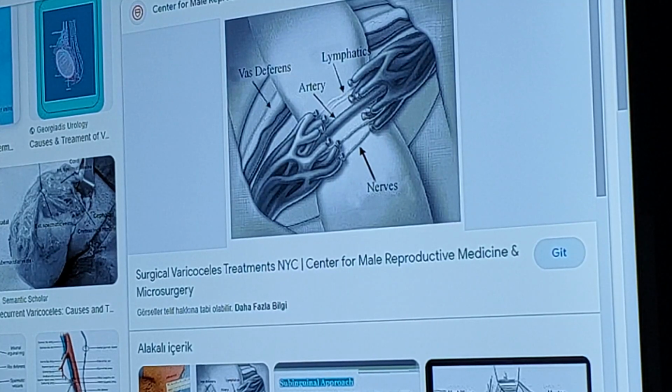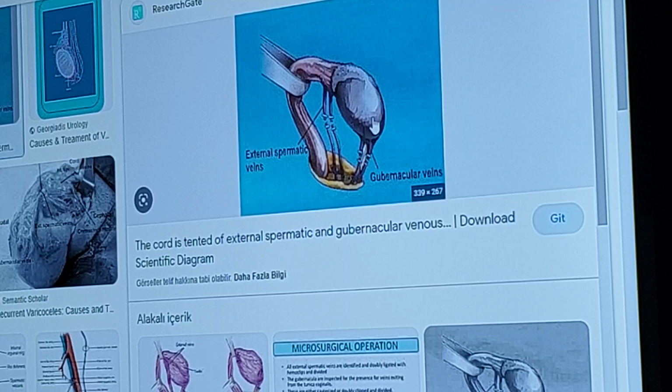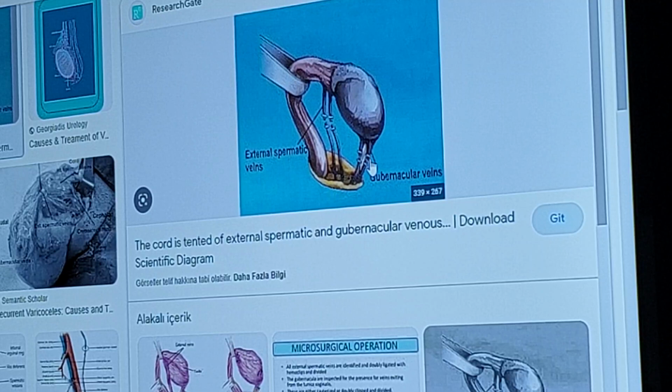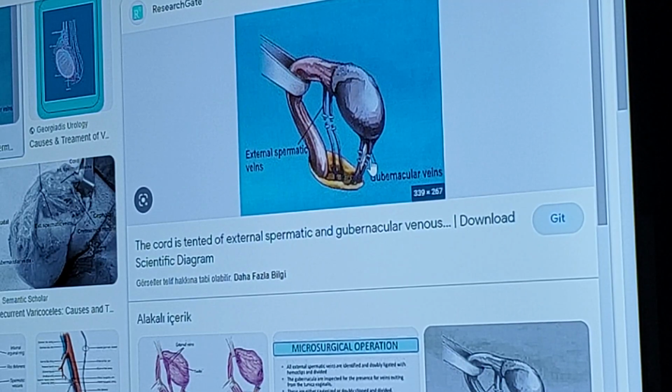Then some other techniques were defined, like delivery of the testis from the incision, and in this way all the internal veins are treated, the external vein is ligated and the gubernacular veins are treated. Is this necessary? This is an ongoing discussion in the urology world.